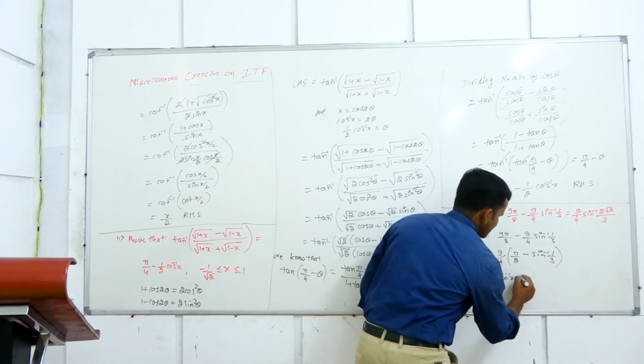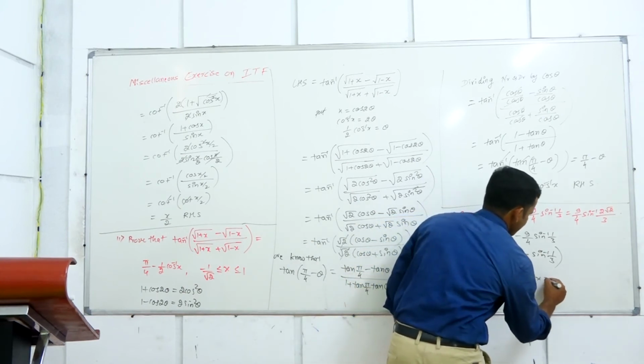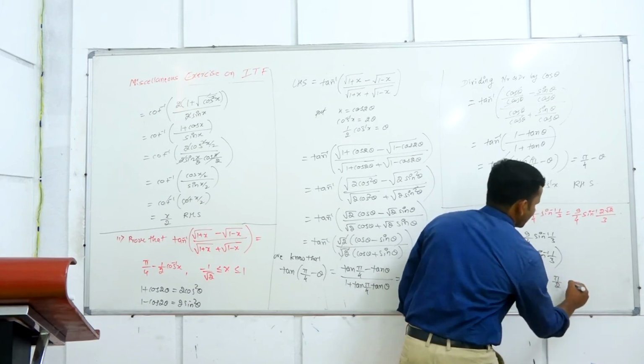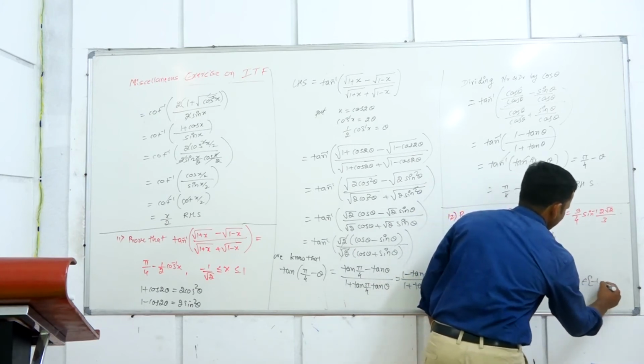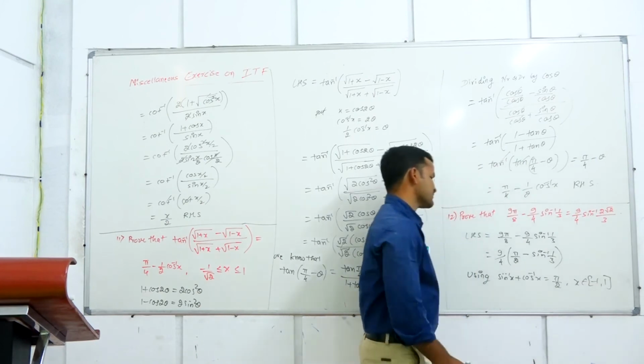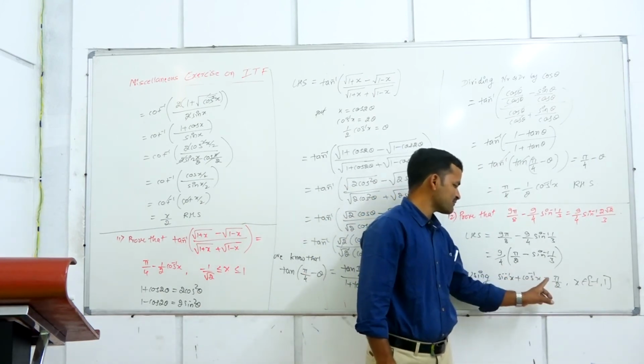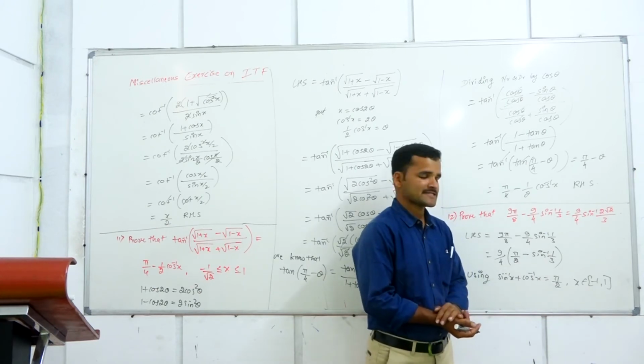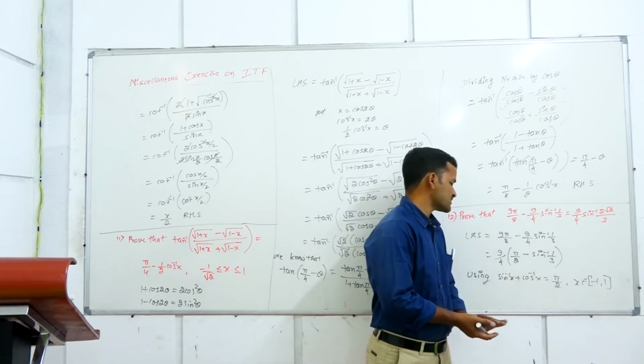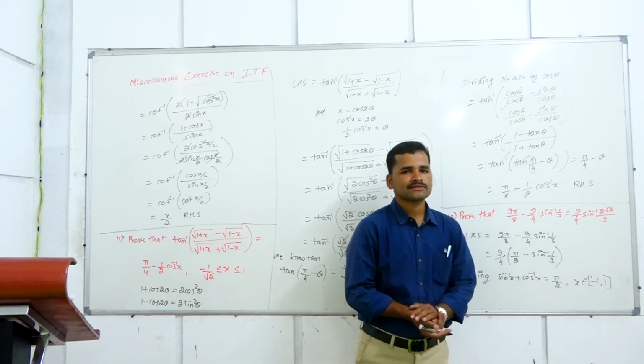sin inverse of x plus cos inverse of x equal to pi by 2 for x belonging to the closed interval minus 1 to plus 1. See, if I take the sin inverse of x to the right hand side, that becomes pi by 2 minus sin inverse of x. Pi by 2 minus sin inverse of x is nothing but cos inverse of x.